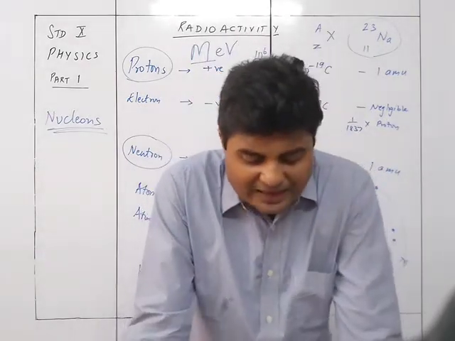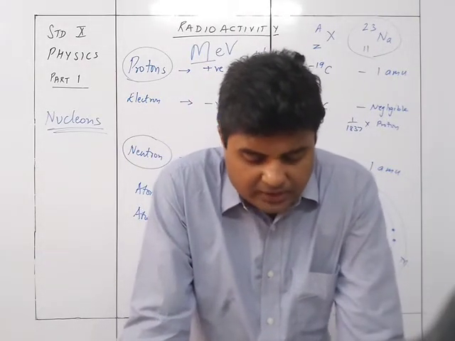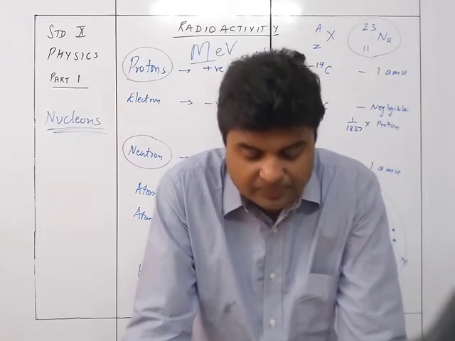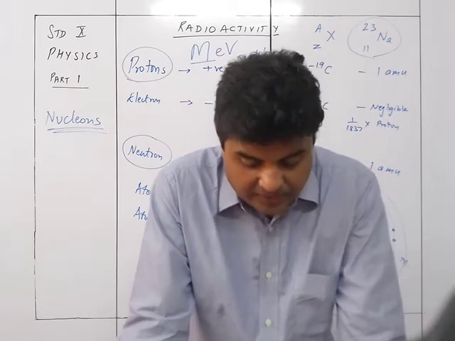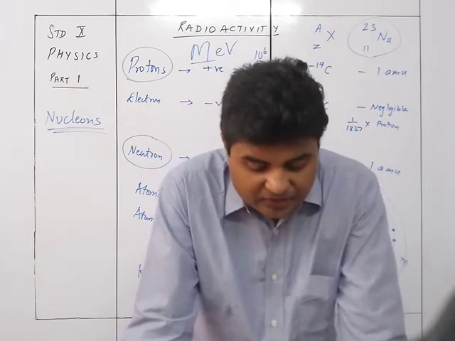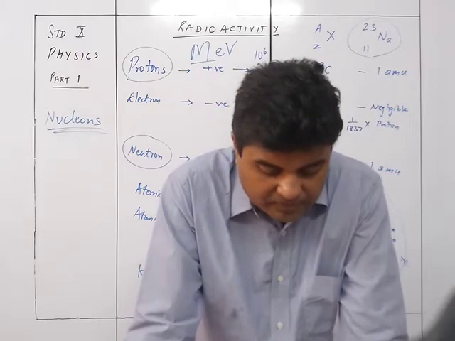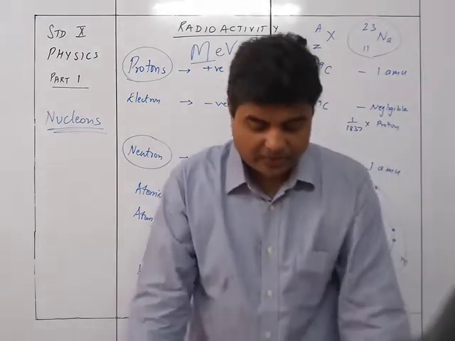In a nuclear reaction, the atomic number, or the number of protons, and the mass number, or the number of protons and neutrons, remain conserved. In other words, the sum of the atomic numbers of the reactants is equal to the sum of the atomic numbers of the products.